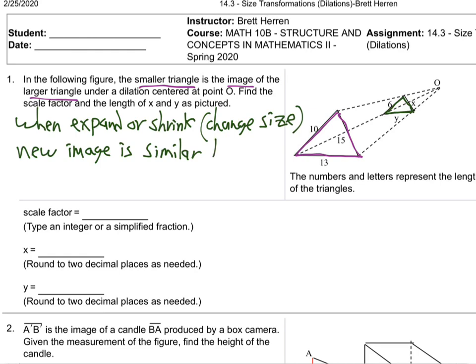It's similar to the original. Remember that? That's what it means to be similar, so it's not identical. It's not exactly the same. It's bigger or smaller, but it's similar, which means what?